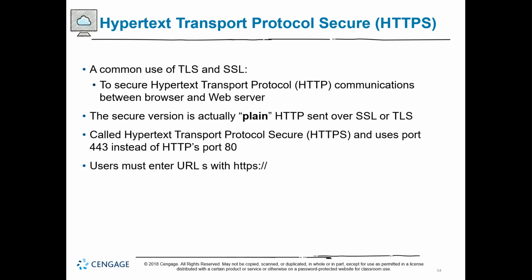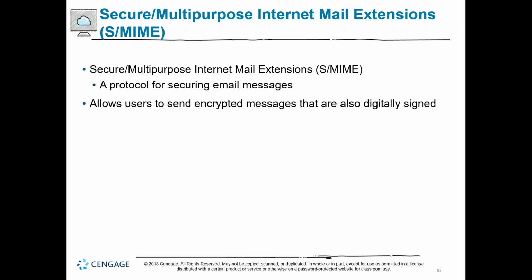And again, you can always see the HTTPS, and you'll know that's secured communication over port 443. S/MIME is Secure Multipurpose Internet Mail Extension, and this is about being able to send email securely, and this will be done via a digital signature.